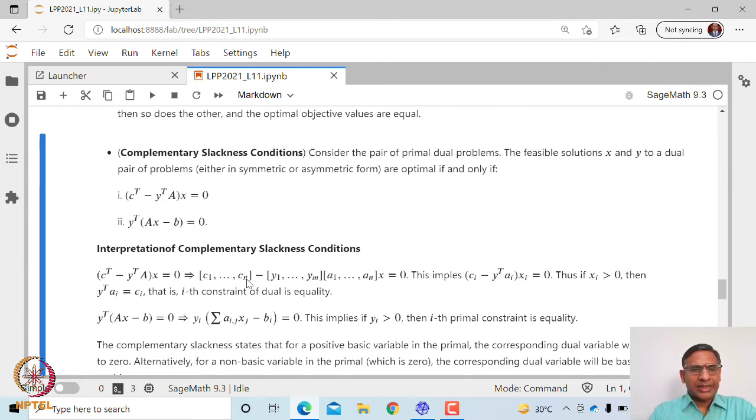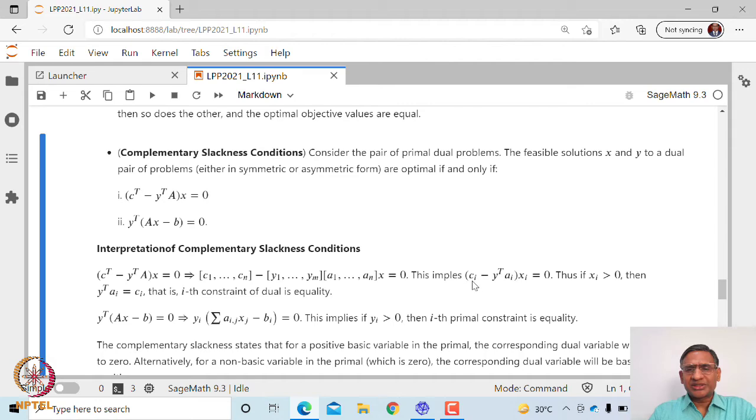Times A, which we will write as a column matrix A1 A2 An, times x. This is equal to 0. Now if you write this multiplication component wise, what it means is that (Ci minus y transpose Ai) times xi is equal to 0.